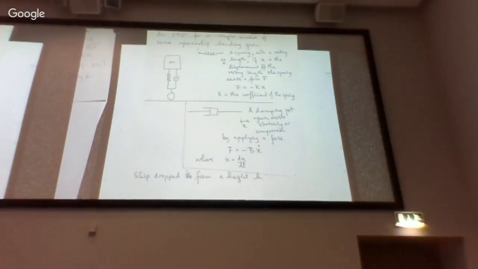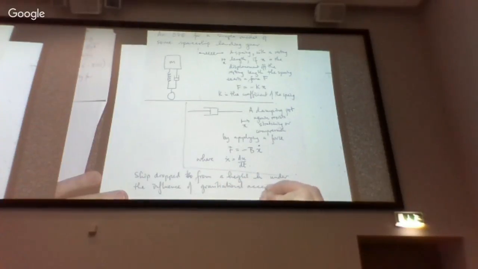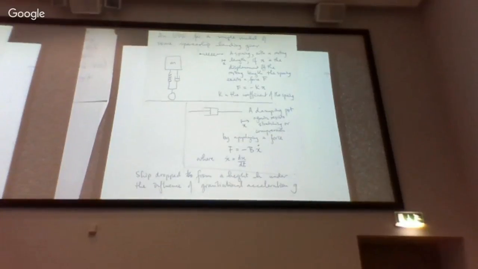It's just simply dropped onto the planet's surface under the influence of gravity, gravitational acceleration g. So we'll keep all these parameters general, so that these parameters will feature in our solution.